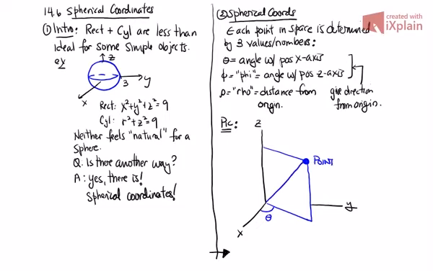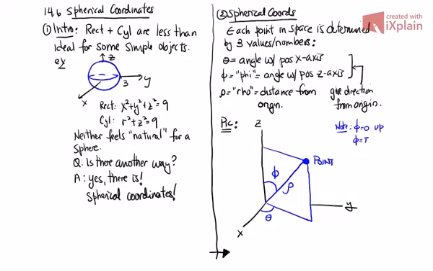Phi is the angle in here, from the positive z-axis. And then rho is this distance in here. So a couple things to note here. I'll put them down the edge here. Phi equals 0 is up, straight up.